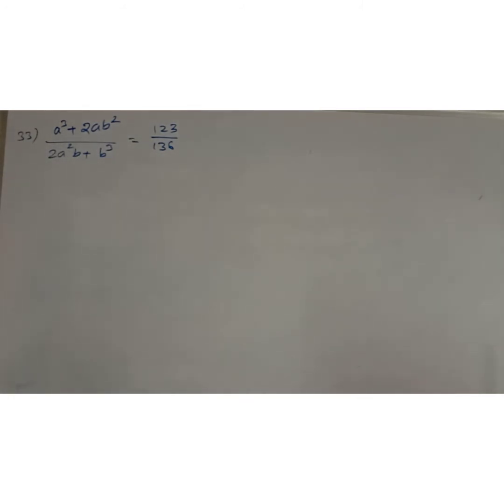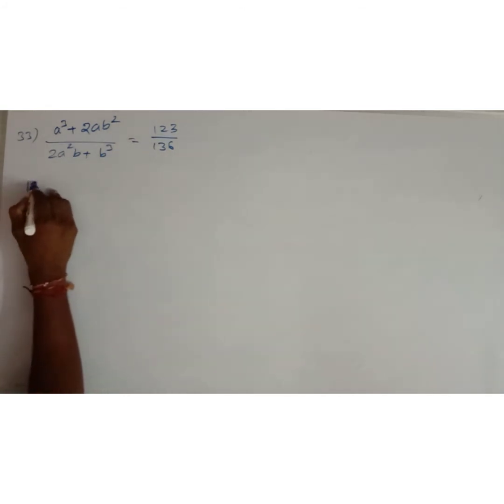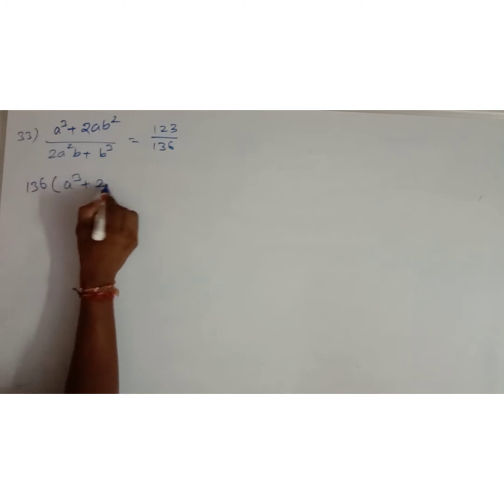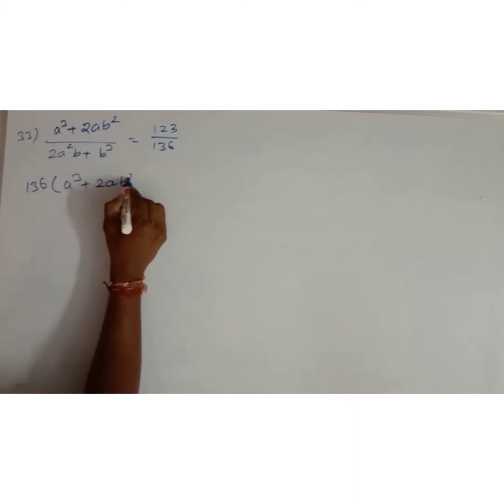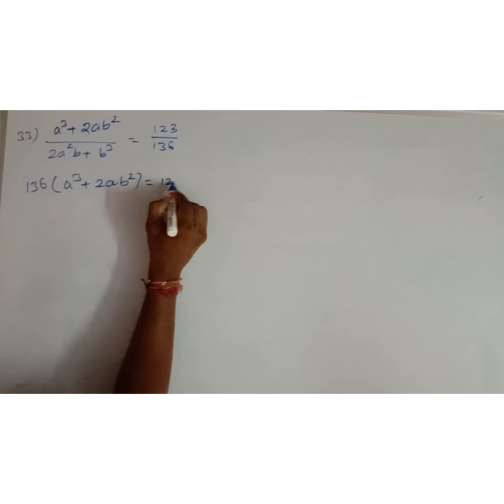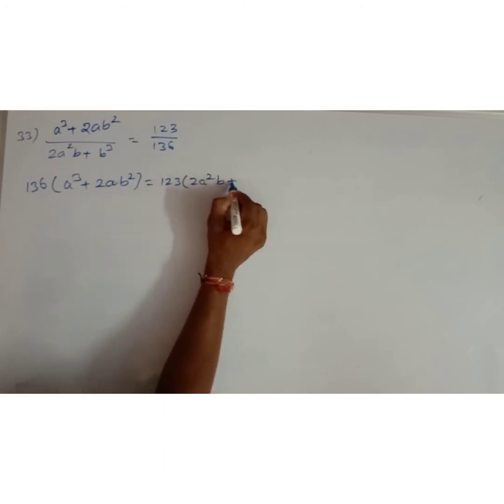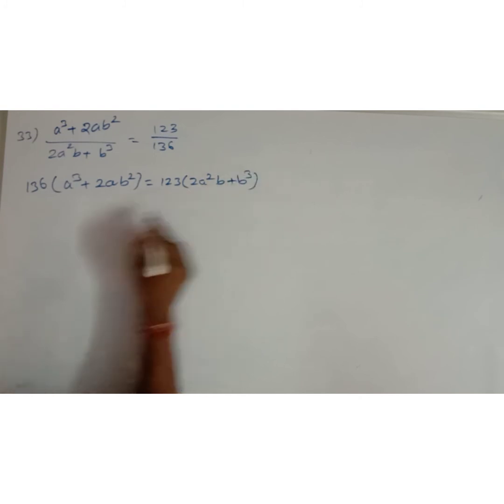That means I have to find the ratio of a is to b. Now here do the cross multiplication, that is 136 into a cube plus 2ab square is equal to 123 into 2a square b plus b cube.